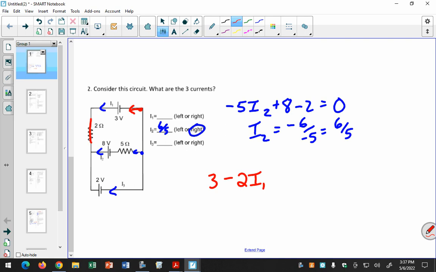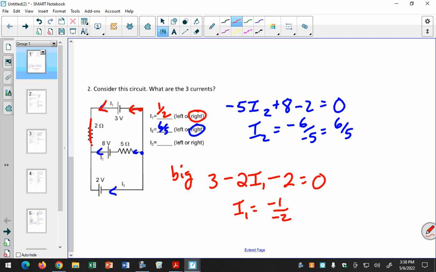I'll go down. I'm going to do the big loop here. Minus 2 is equal to 0. This one's also pretty easy to solve, so I get I1 equals negative 1 over negative 2. That's 1/2 amp. Because I chose I1 to the left, that means it must be to the right.